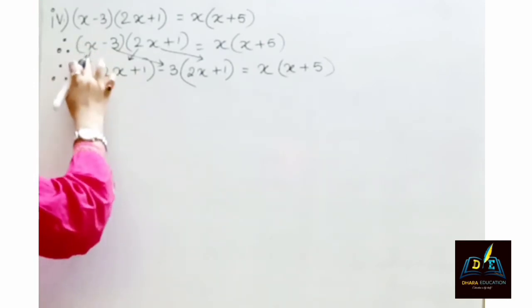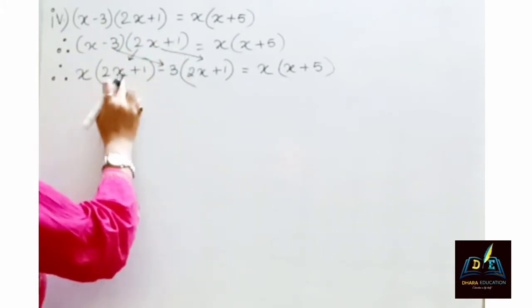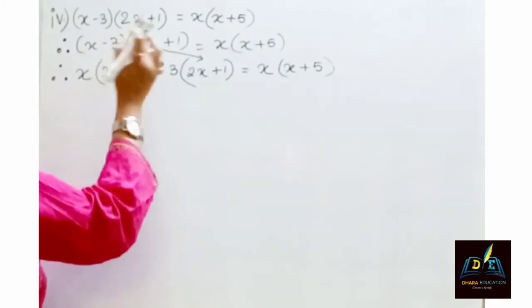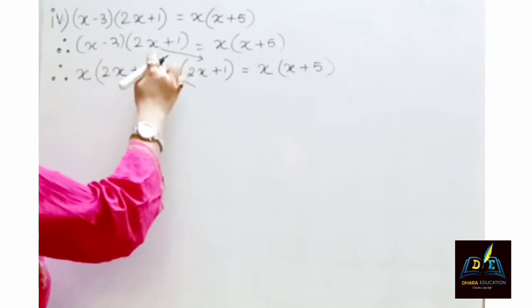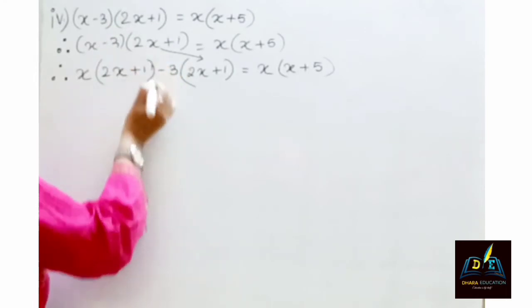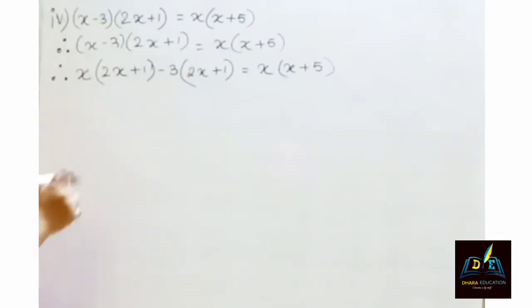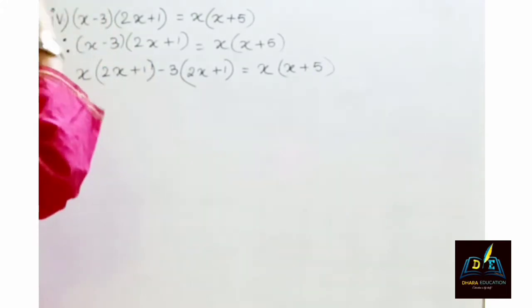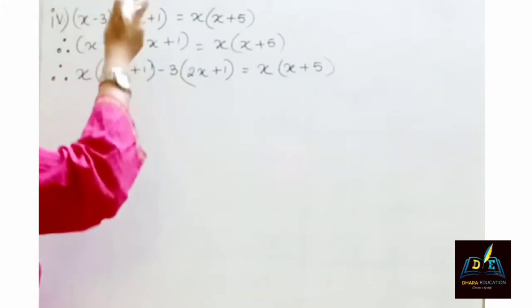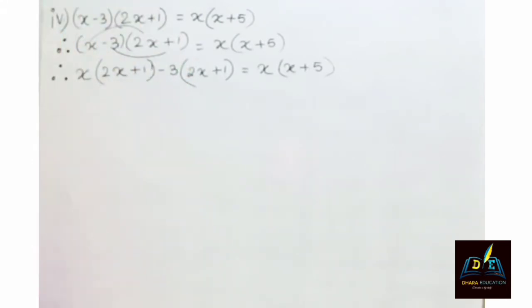X will be here as it is. This will be used here for the multiplication. This 3 will be followed with the exact sign over here, and then this term again will multiply with this sum. So I have taken this term and broken it, and I have been multiplying first with this term and then with this term completely.